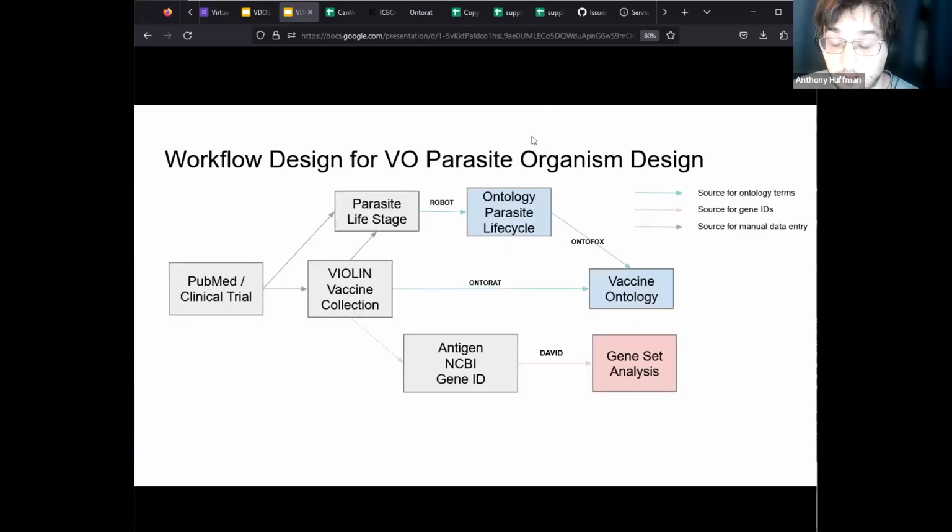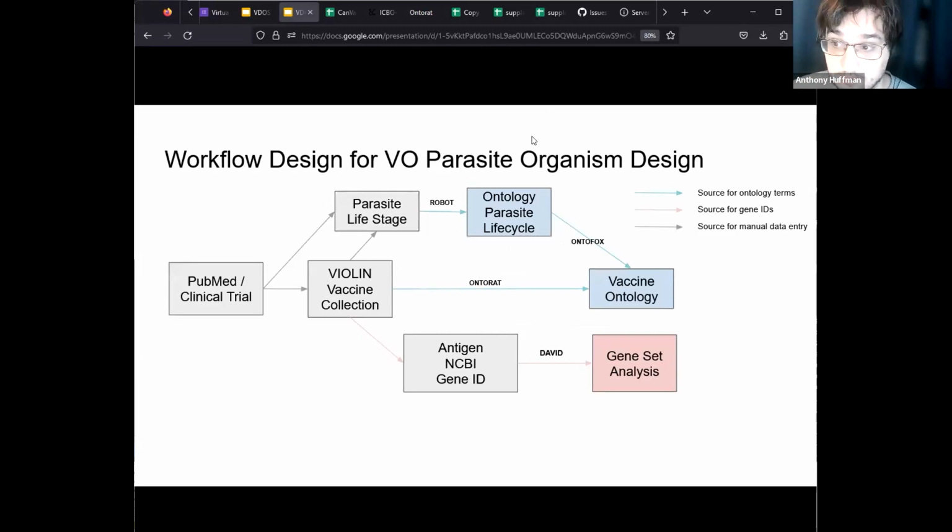For the workflow, it's relatively simple. We had a bunch of undergrad students go through PubMed or clinicaltrials.gov looking for any information on new parasite vaccine studies that include some immunological response or some immune efficacy. From these trials, we added the data into VIOLIN as part of the data collection.